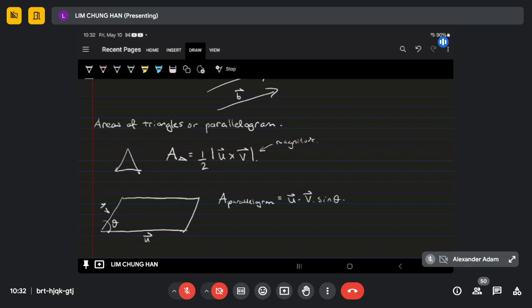Now, what that also means is, effectively, you can use the cross product as well, because this has a relationship with the cross product.